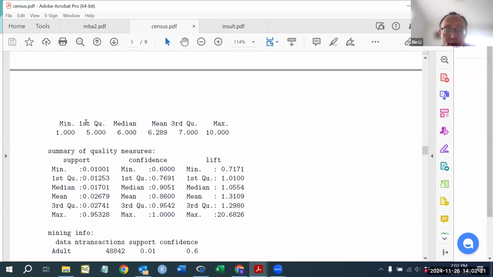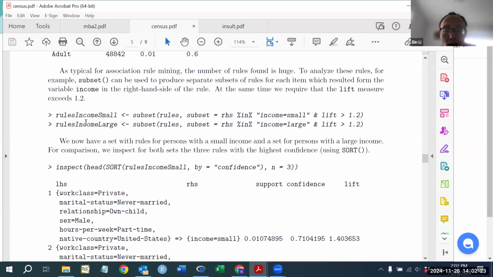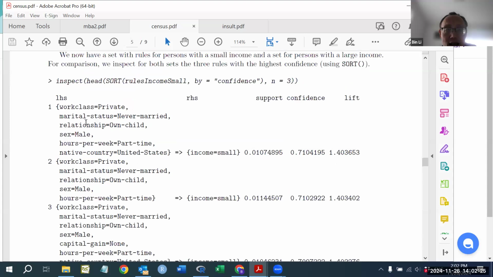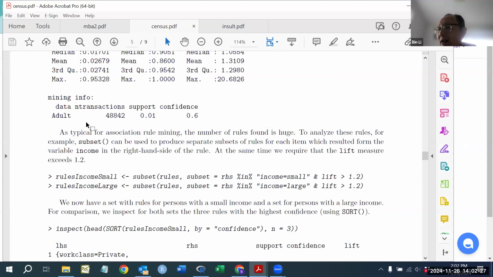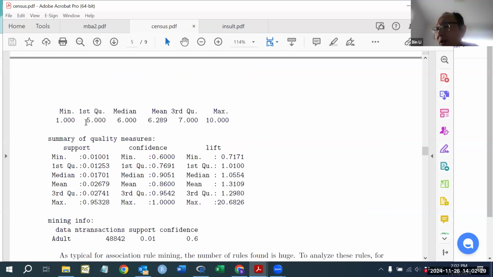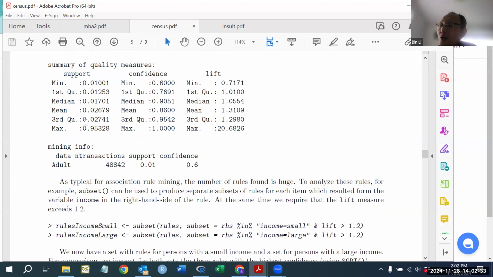This is the summary of the rules. There are so many rules that there's no way we can examine all of them. As I said, you have to narrow down the consequent set or the antecedent set.